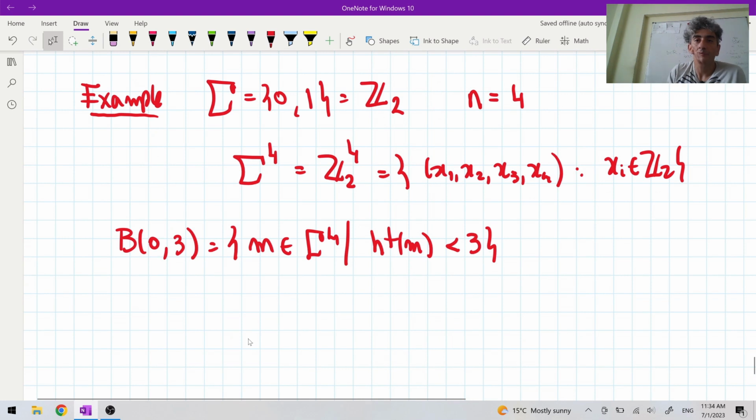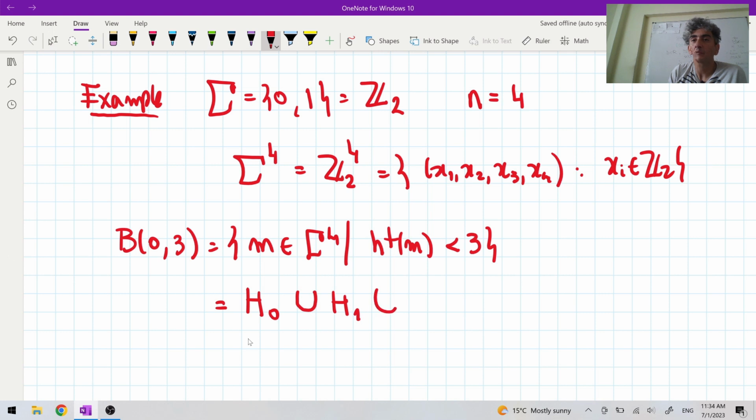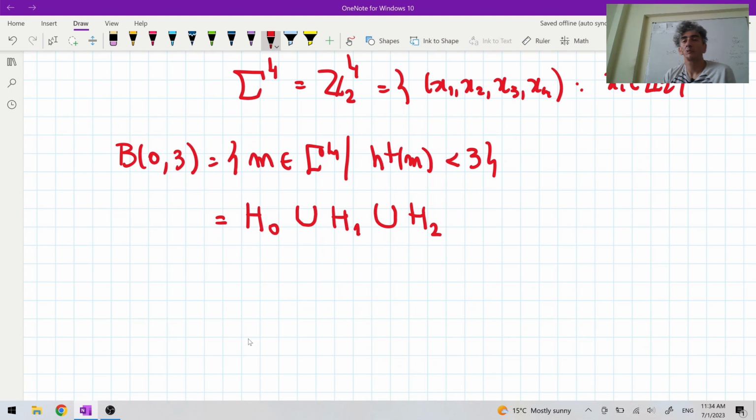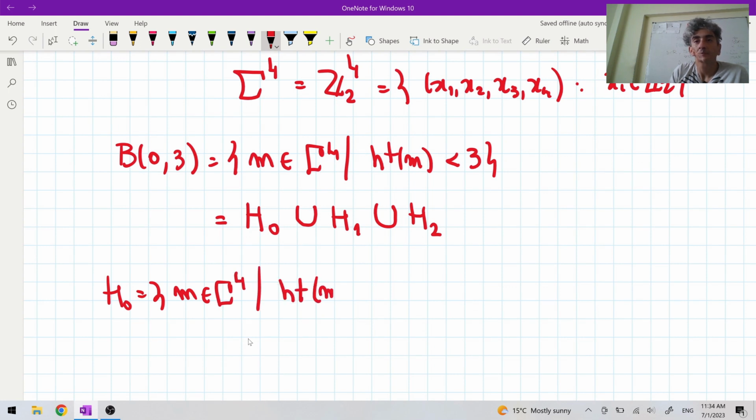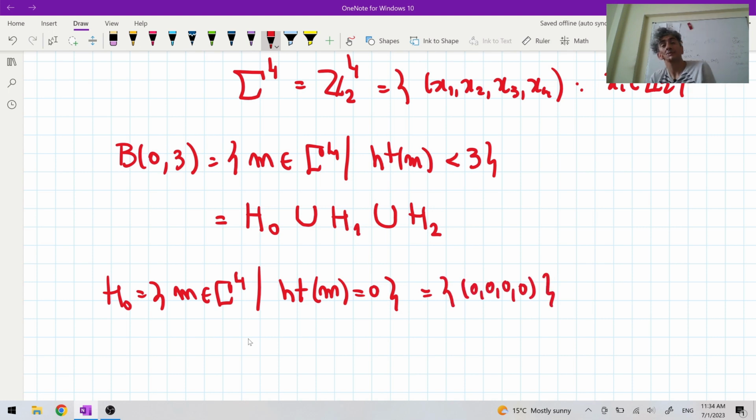So this can be thought of as the ones that have height 0, with the ones that have height 1, and the ones that have height 2. Okay, so these are the elements of sigma to the 4th which have height 0. The only element of height 0 is actually 0 itself. It has no entry different from 0.